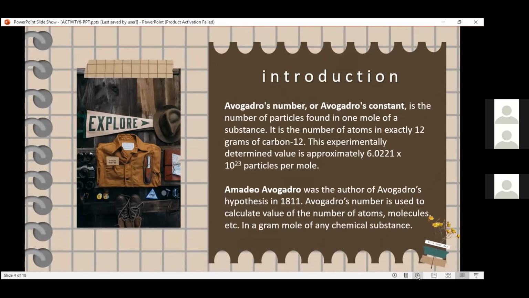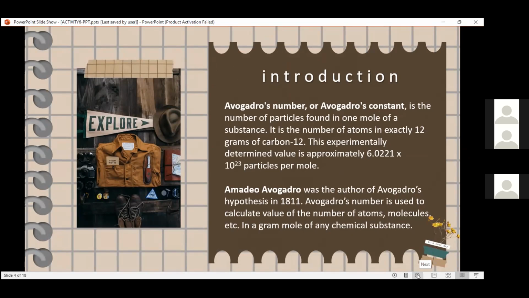Let me see. Oh, okay. Yeah. 1, 2, 3, 4, 5, 6. 1, 2, 3, 4, 5. Ah, okay. 6. Kompleto pa pala kayo lahat.